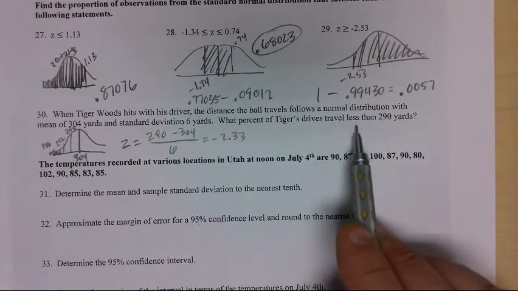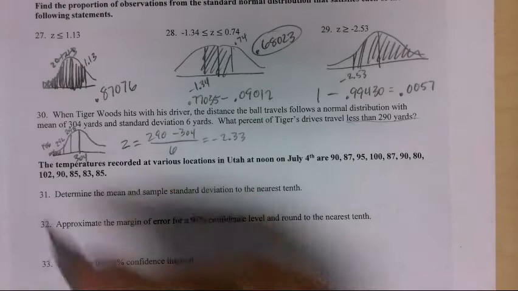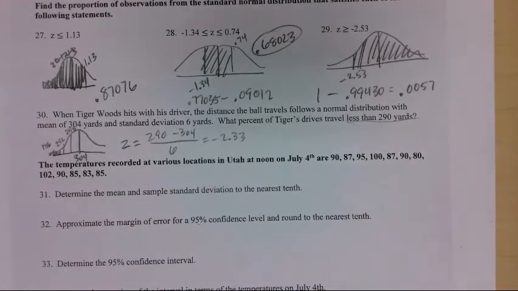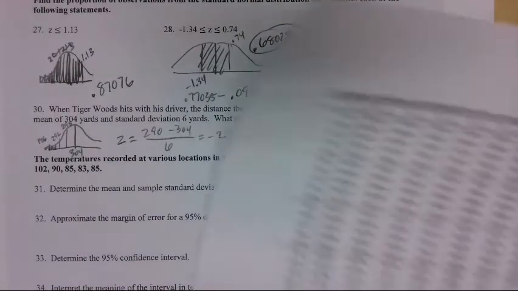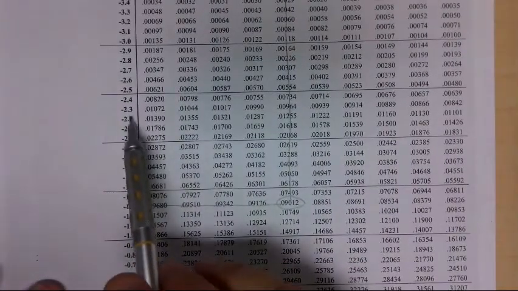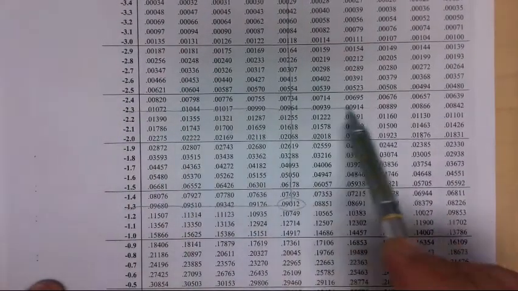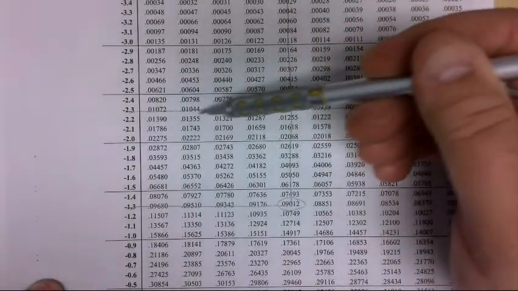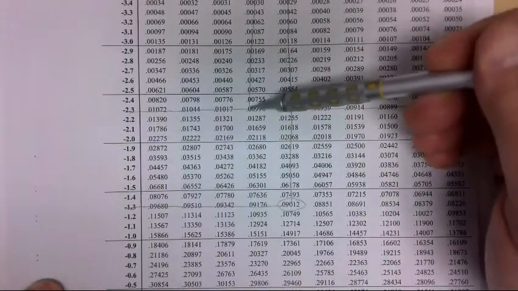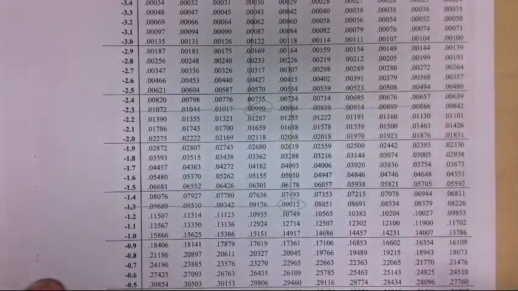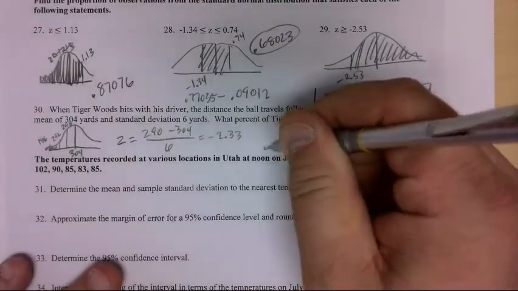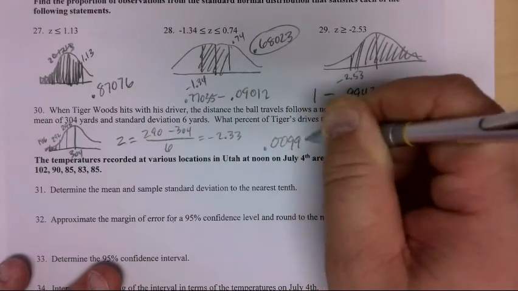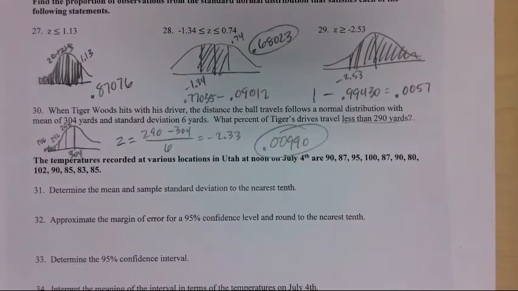And I want less than that. So I pull up my z-score table and I go negative 2.3 and 0.03, and I get 0.00990. There it is.